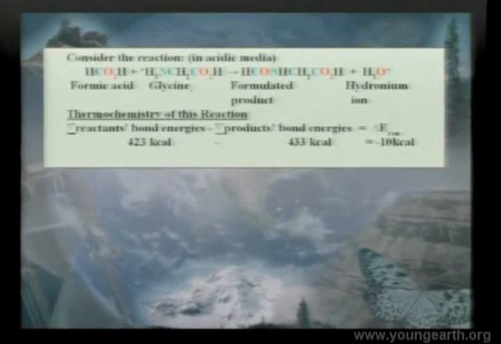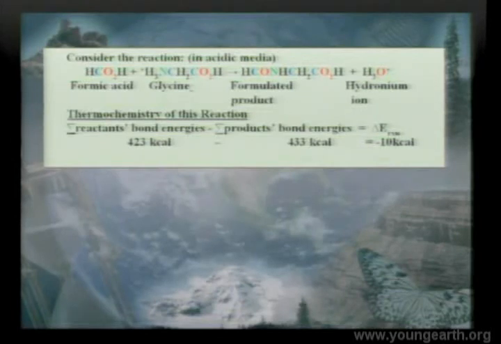Here's a reaction: formic acid and glycine. All right? It reacts. Here's the formylated product, as we call it. This bond across here is called the peptide. Well, it's a formyl bond in this case, but it would be a peptide bond if there were two amino acids. It's very similar.